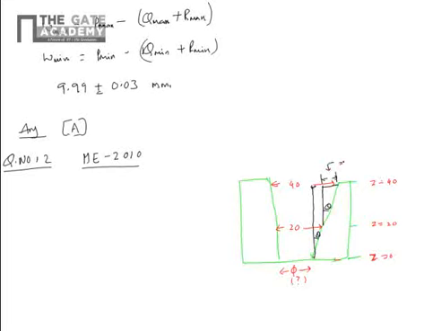This equals 40 minus 20 by 2, so that is 10. So first calculate theta: tan theta equal to 10 by adjacent side, which is 20. So theta equal to tan inverse 10 by 20.